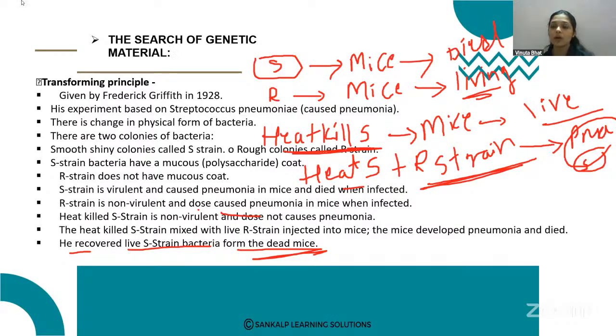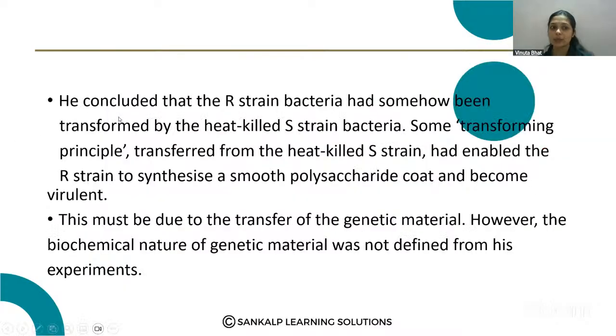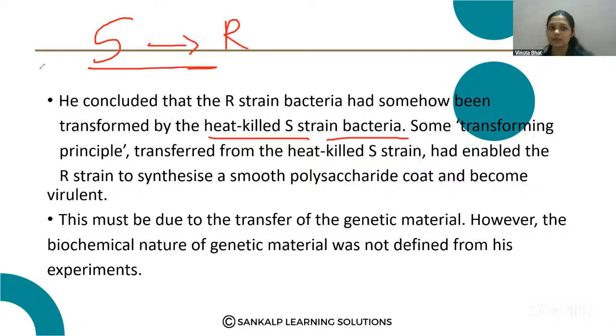What he concluded in that experiment is that R strain bacteria had somehow been transformed by the heat killed S strain bacteria. So there is something transferred from S strain to R strain. Heat killed S strain transfers something to the R strain, so the mice developed the disease, but he did not know exactly what was transferred to the R strain bacteria.